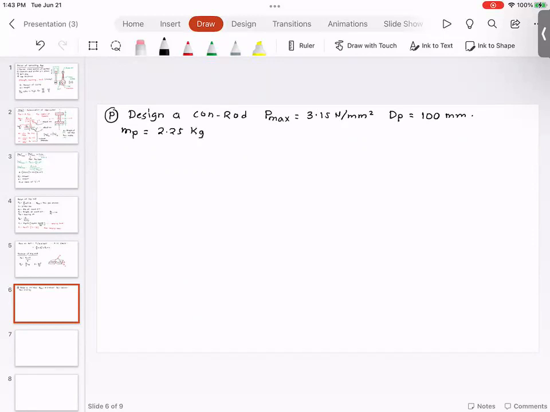Mass of the piston 2.25, L, LS, compression ratio, factor of safety.